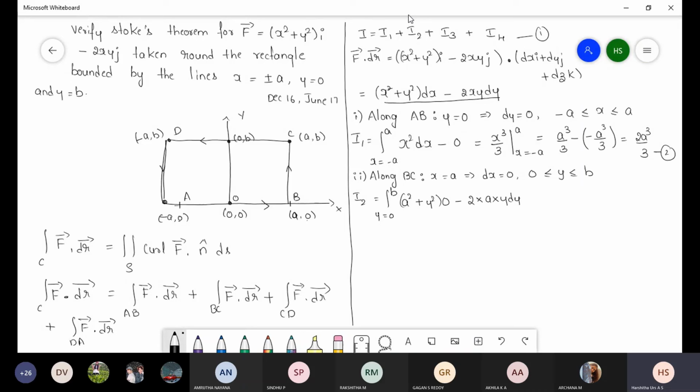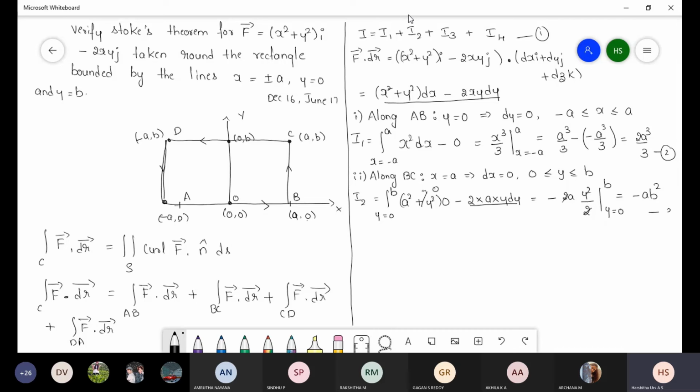So completely this term will become 0 minus the integration of y with respect to y, that means minus 2a times the integration of y, which is y square by 2. The 2 will get cancelled. The limit varies from 0 to b. So we get minus ab square. I call this equation 3.